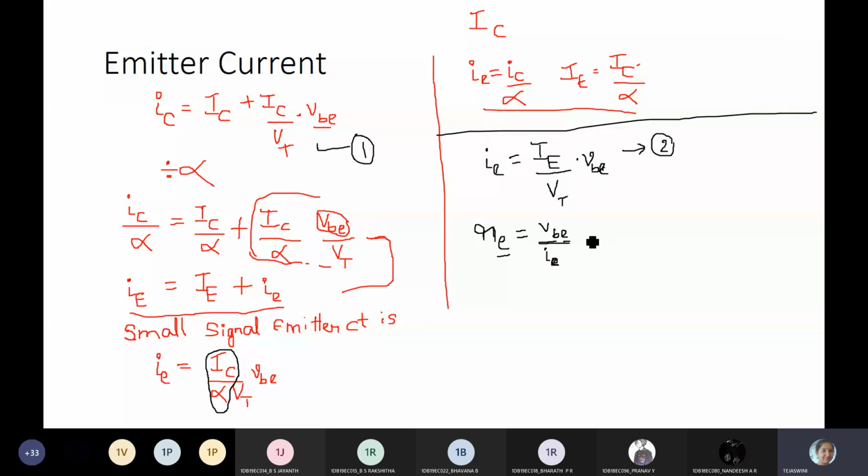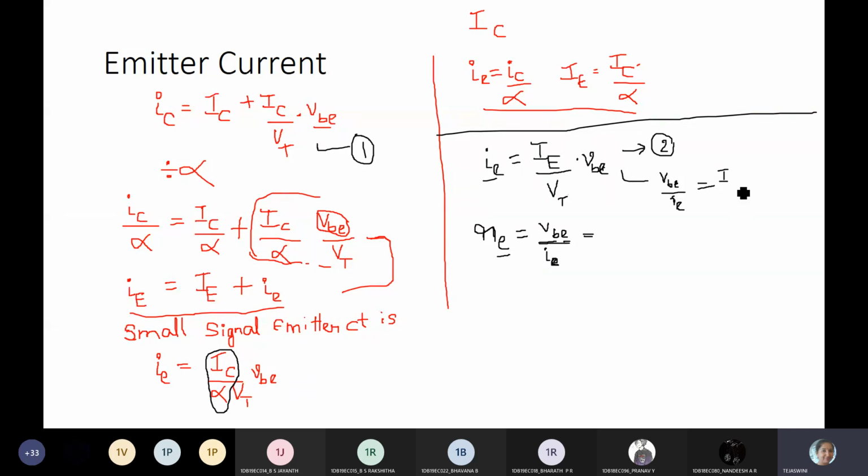Now from this manipulation, what will you get for VBE by IE? Just transfer this IE to the denominator of VBE.